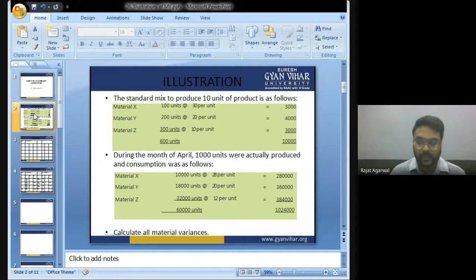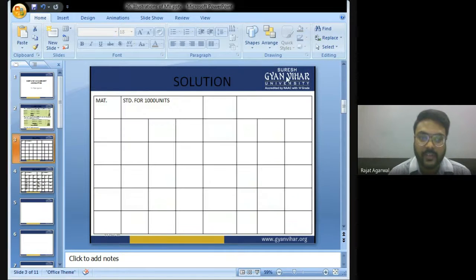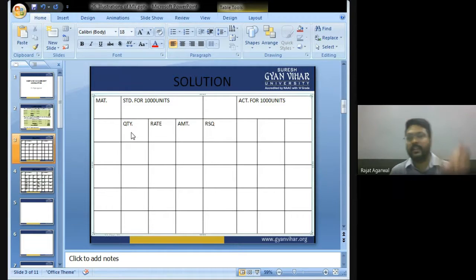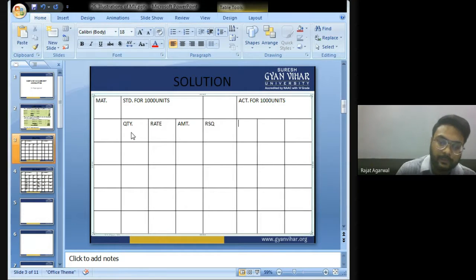So standard for 1000 units and actual for 1000 units. Now here we are going to write quantity, rate, amount. In this column, we are going to write revised standard quantity.